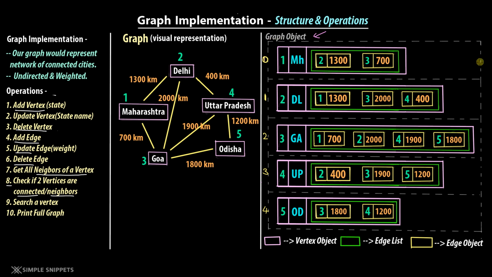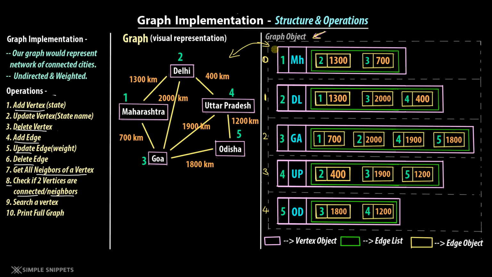So this is how a graph will look like in our computer memory. This is the visual representation, but when we write the practical code, when we implement it in the computer memory, this is how it will be arranged. So what is this entire structure? The outer dotted line is actually the graph object.